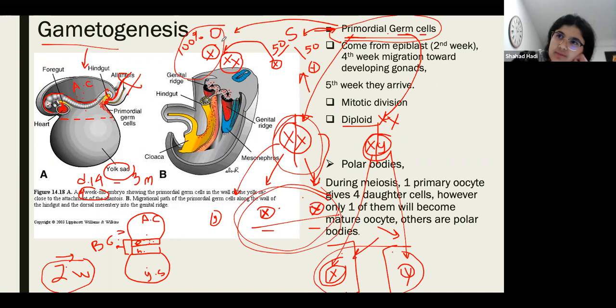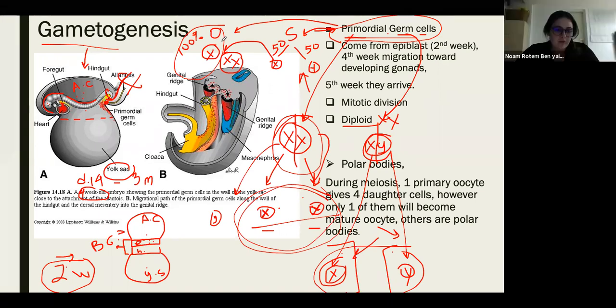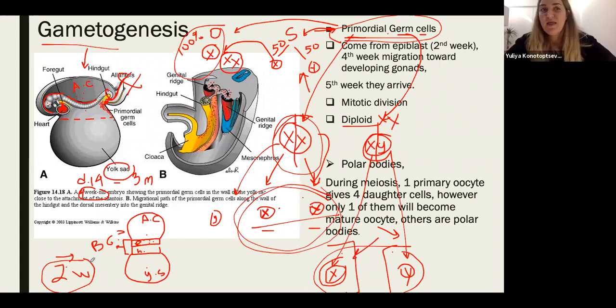If I want my PGC to give rise to spermatozoa, it should contain XY. Where do PGCs come from? The epiblast, in a 2-week embryo, during the 2nd week. In embryology we just say 2nd week of embryological development, but it's a mouthful, so just say 2nd week.